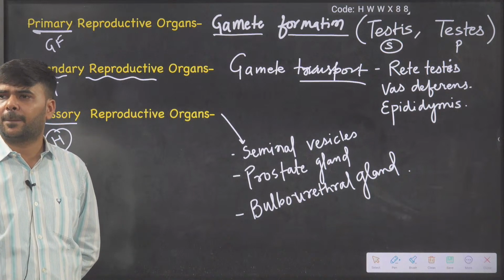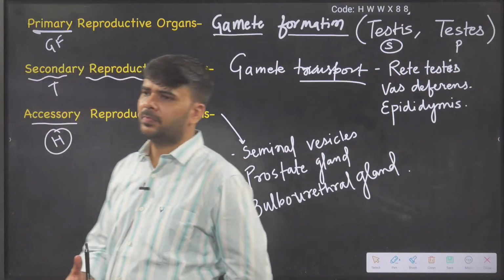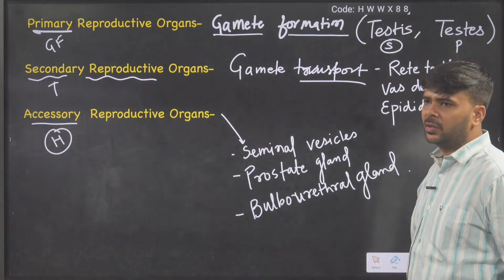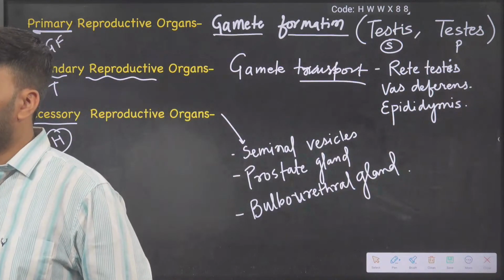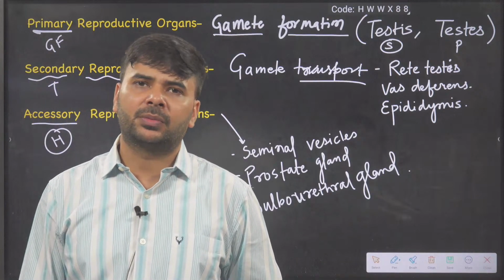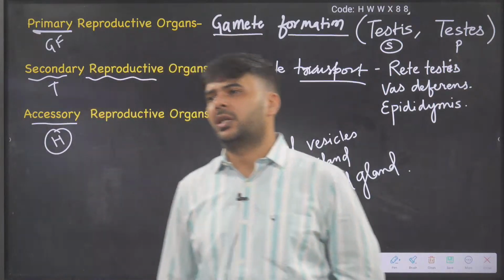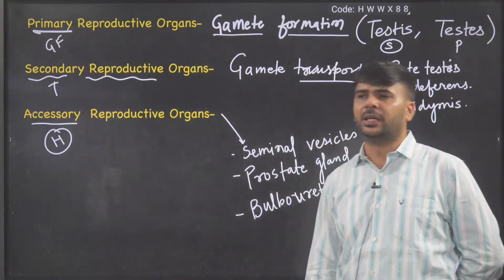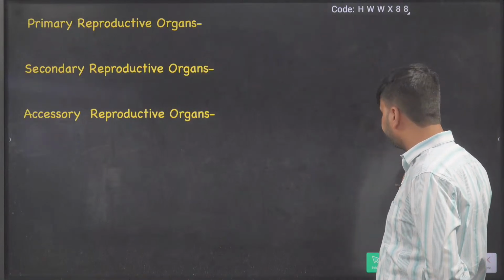Everyone clear? Ejaculatory duct is vas deferens only. What about the ejaculatory duct? One question. Ejaculatory duct is part of vas deferens. I'll explain in detail when you come here. Don't worry about that. You focus back here.